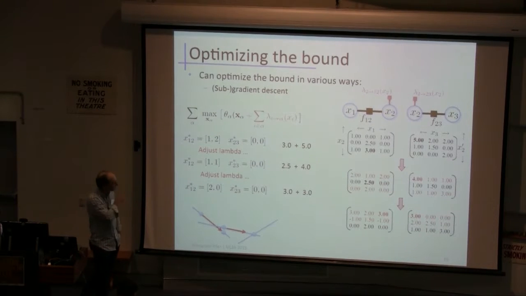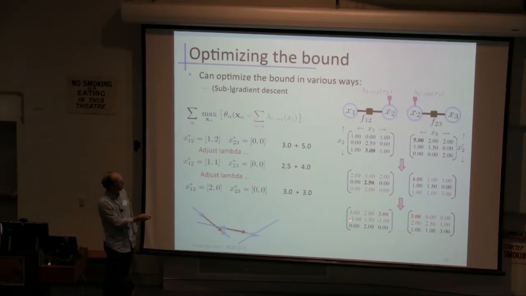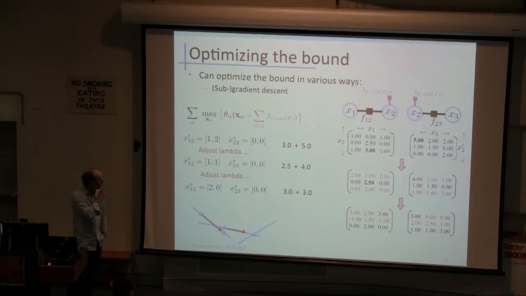And at some point, we'll end up with some form of agreement. So in this case, now x2 in both problems takes on value 0, so that there's an optimizing configuration of this factor and this factor that agree on their value of x2. And so at this point, the bound is tight.